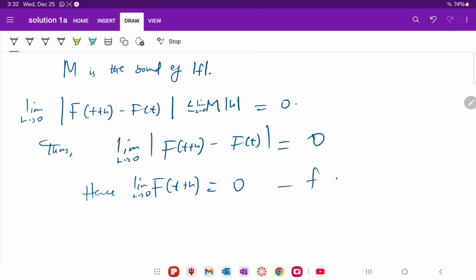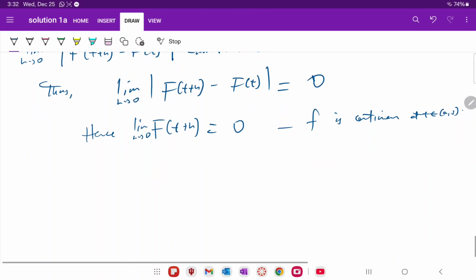So f is continuous at t belonging to (a, b). So in the interior we see that f is continuous.